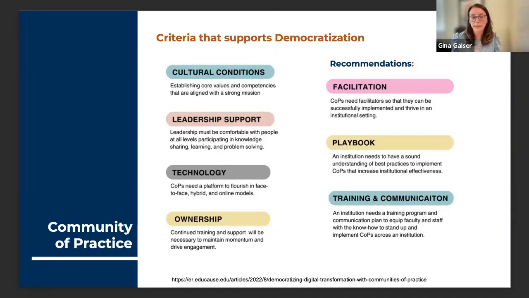You might consider creating a playbook of sorts, or having a common understanding of best practices that increase effectiveness of the group and give it purpose within the organization. And then also developing a training program and communication plan to equip the members, which are usually faculty or staff. They need to have the know-how and the leadership skills to implement and sustain the community across the institution.